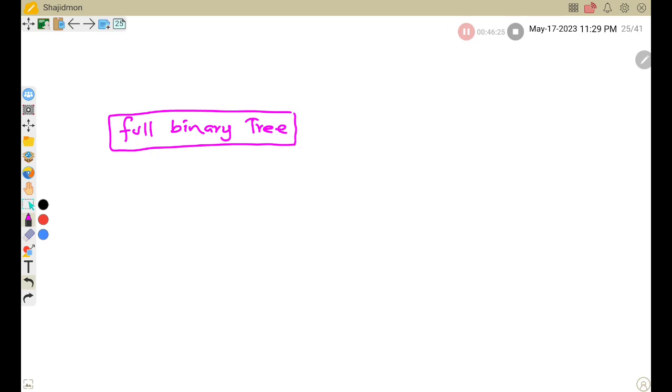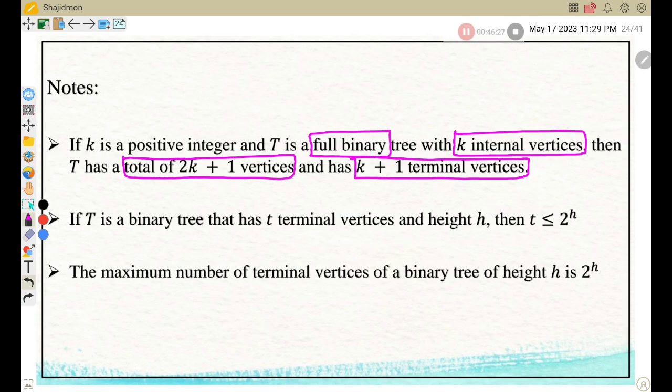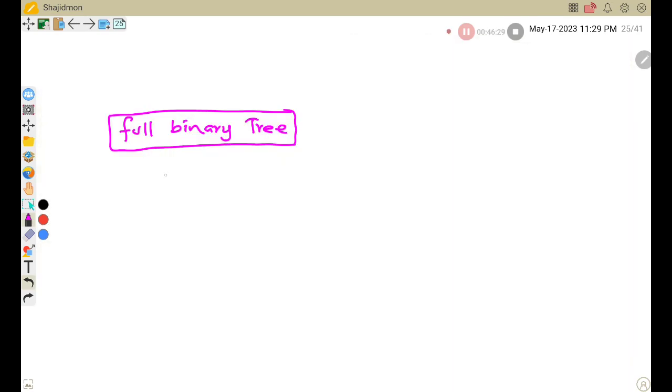So I will tell you in a short way. For example, we have a full binary tree. What is it telling? K internal vertices, for example. How many internal vertices are there? Internal vertices of a full binary tree is k, for example 2, 3, 4, like that.